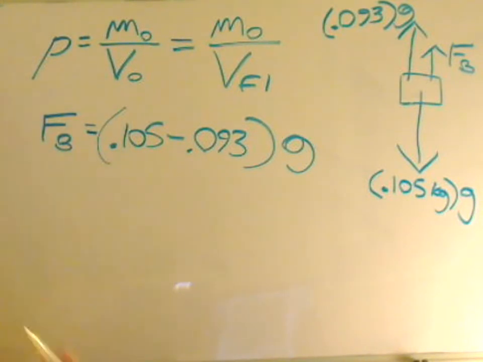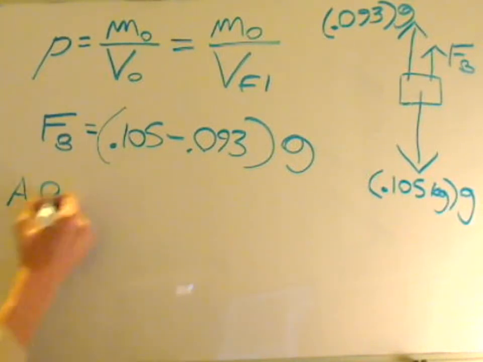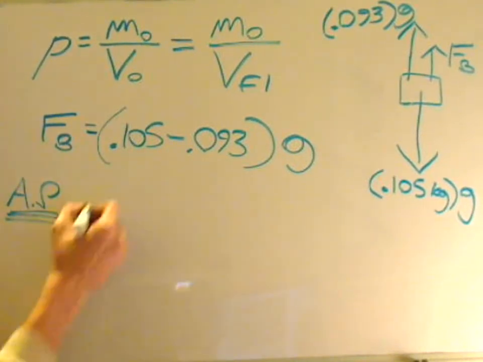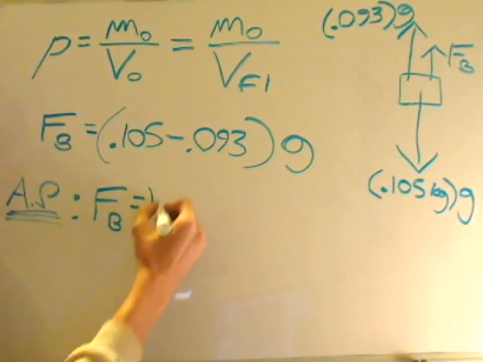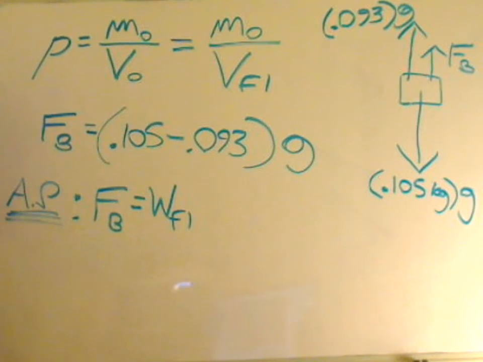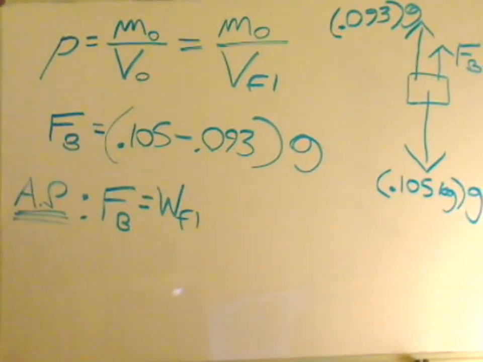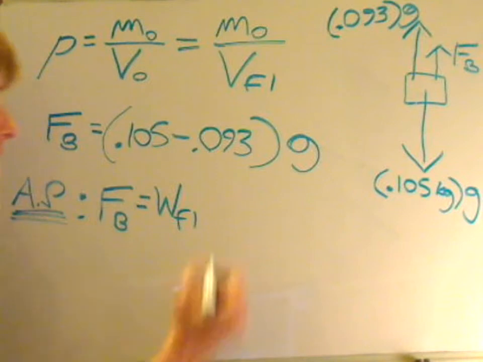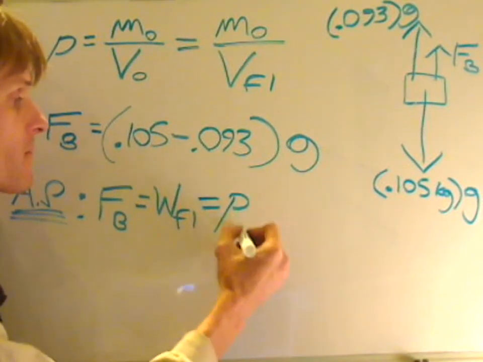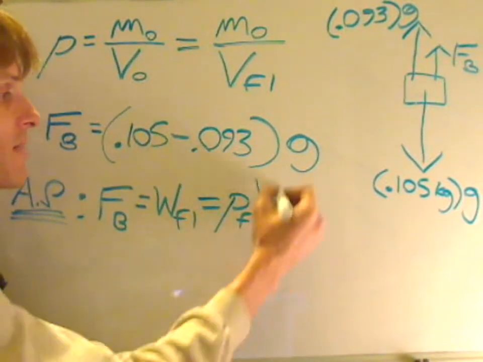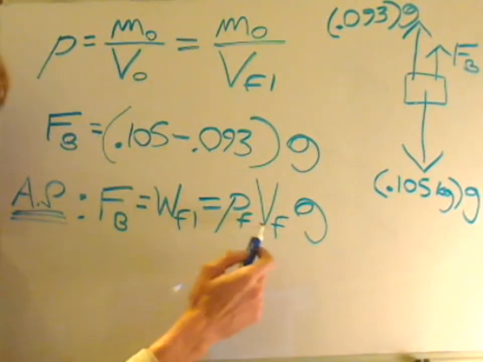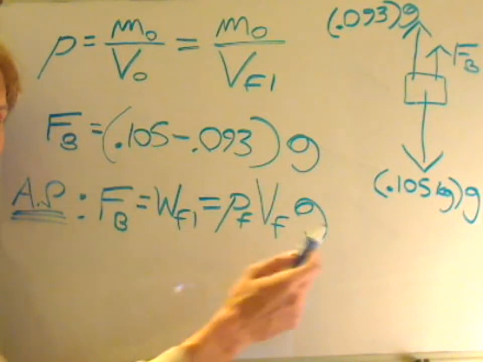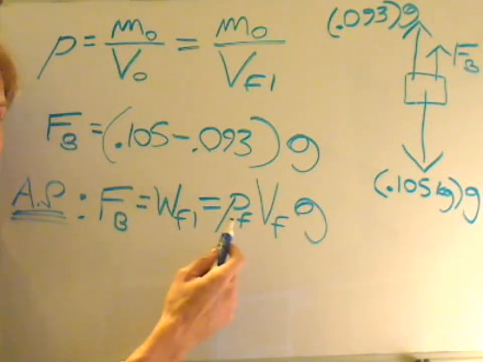But one can also find the buoyant force from Archimedes' principle. Archimedes' principle says that the buoyant force is equal to the weight of fluid displaced. And the weight of the displaced fluid is the density of the fluid times the volume of the fluid times g, because weight is mass times g, and the mass is density times volume.